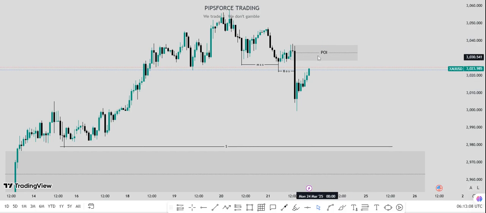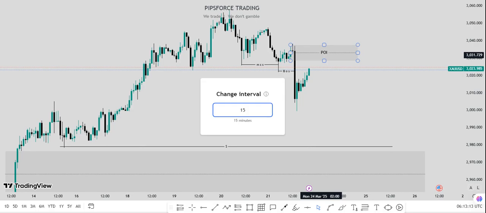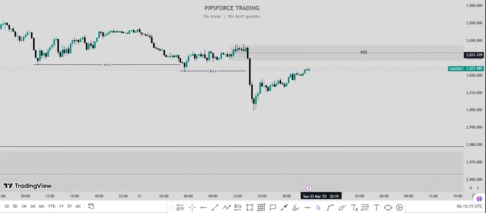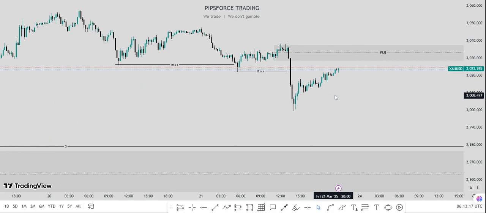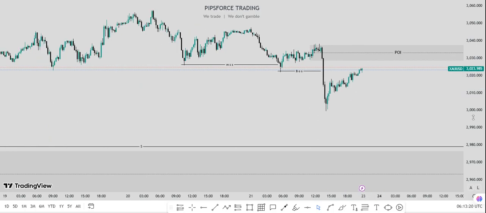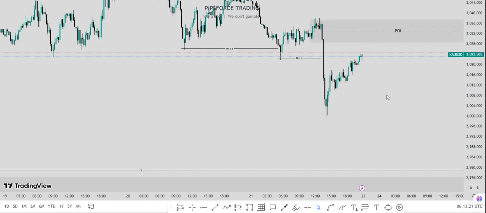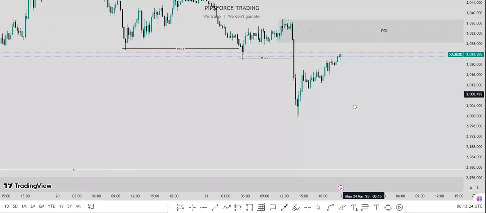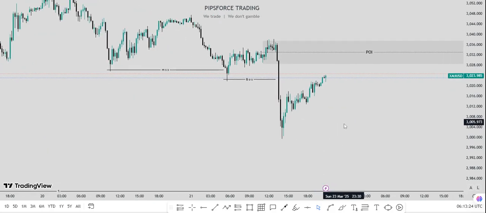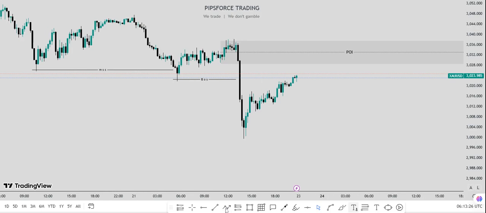If price trades into this level, we now move to the 15 minute time frame, and that will be our entering time frame. To take decisions at this level, we wait to see price trade into our point of interest. Then we look to see a market structure shift at this level.